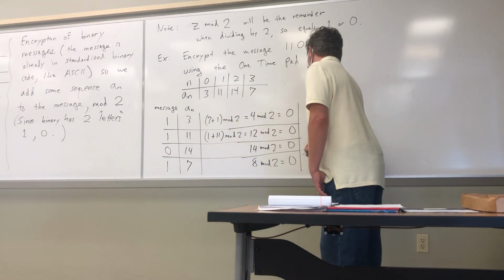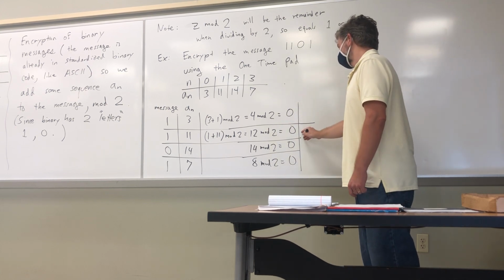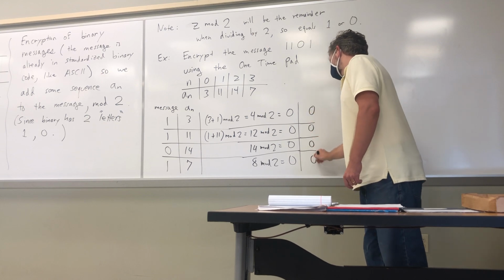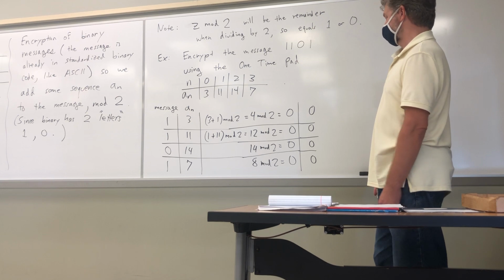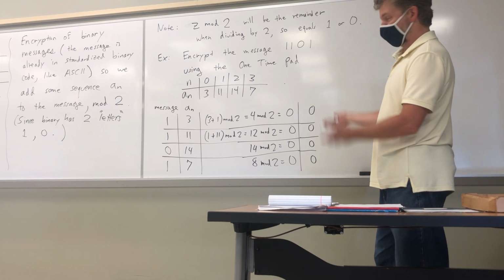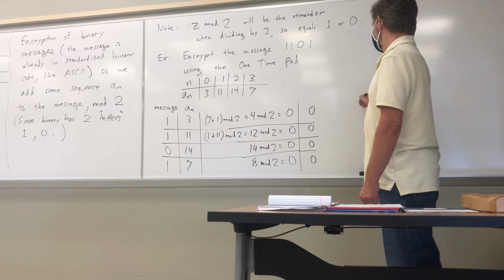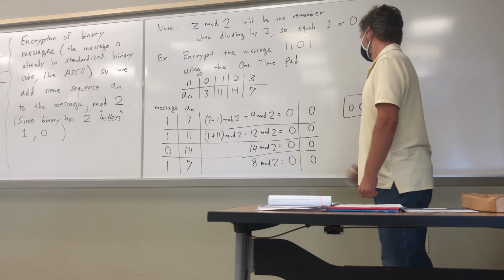So that's the answer. The answer is already in standard form. 0, 0, 0, 0. You don't have to look back at a chart and turn it into letters because we're working with binary messages anyways. So the answer is 0, 0, 0, 0.